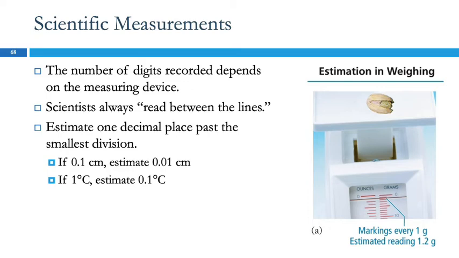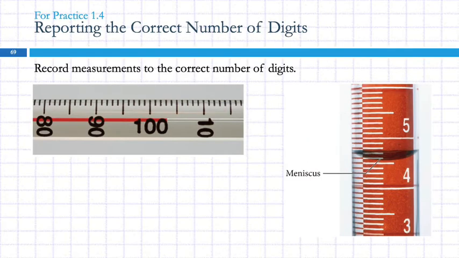Let's practice. Because this is something we need to do for lab. So here's a blown up picture of a thermometer. And we can't see this, but it's degrees, it's Celsius, right? So this line represents 90, and this line represents 100. So each of these small lines represents what? 1.